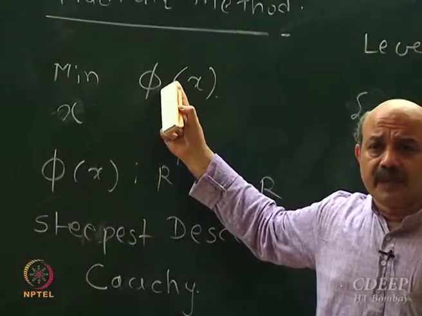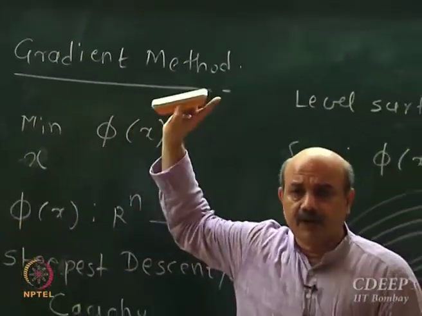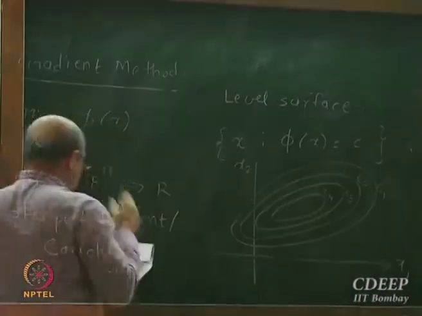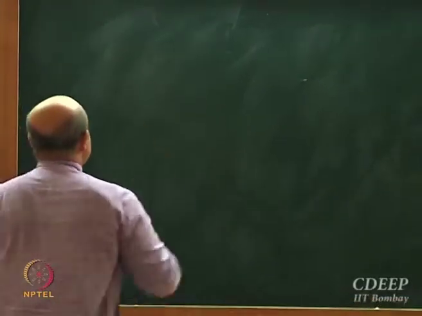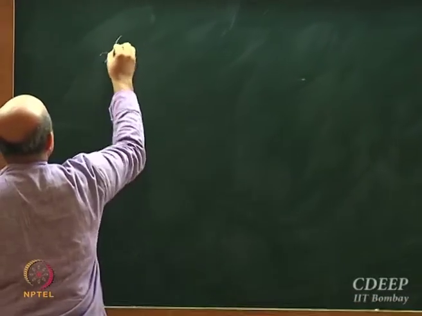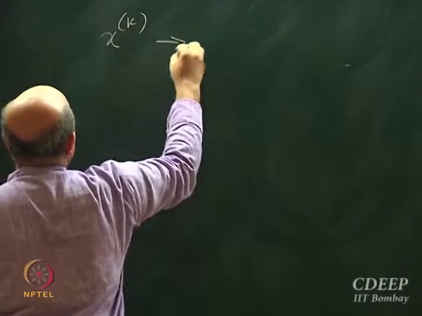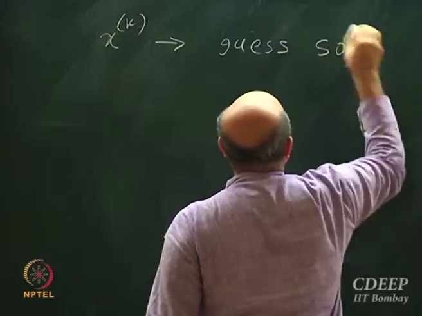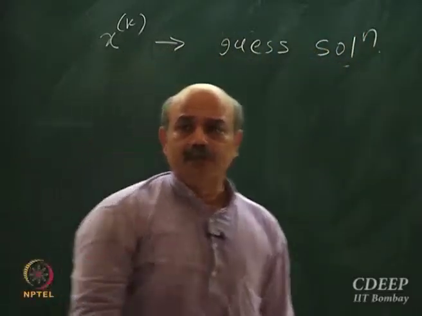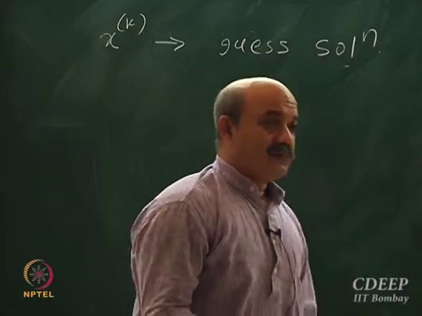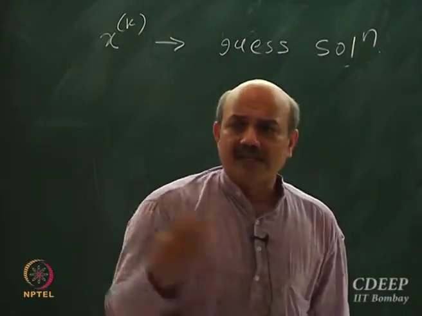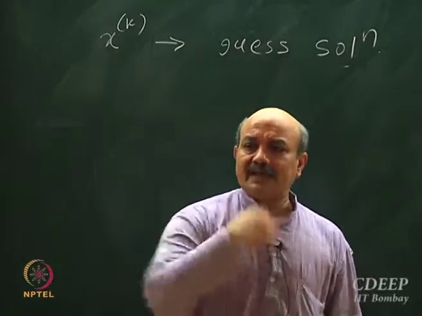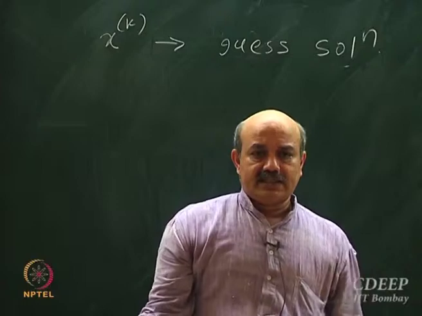Some phi of x, it need not be this phi of x, any phi of x, not a specific one. So what I am going to do now is, let's say I have some guess solution. Xk is some guess solution. Xk is unlikely to be the minimizer, but it is my guess. What is the philosophy in iterative methods? You start with a guess and then you move on to the next guess, right?